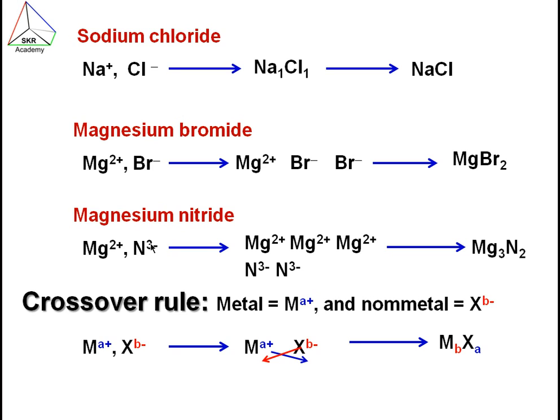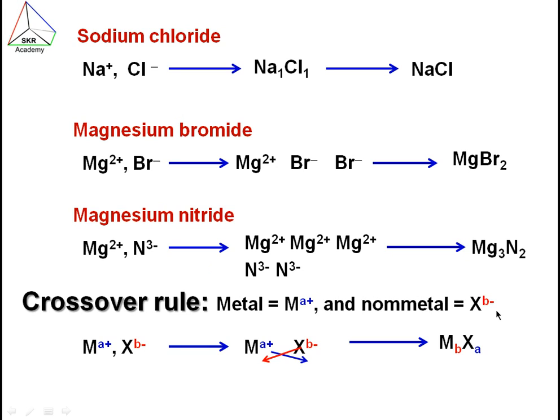According to the crossover rule, we place this 3 as the subscript of magnesium, and this 2 goes as the subscript of nitrogen. So the 2 goes under as a subscript of nitrogen, and the 3 becomes the subscript of magnesium. You can verify this formula with any other example.